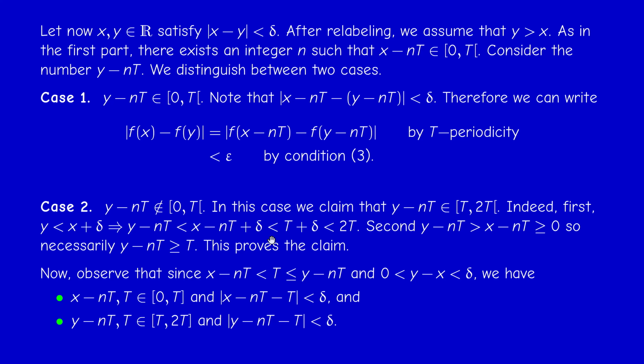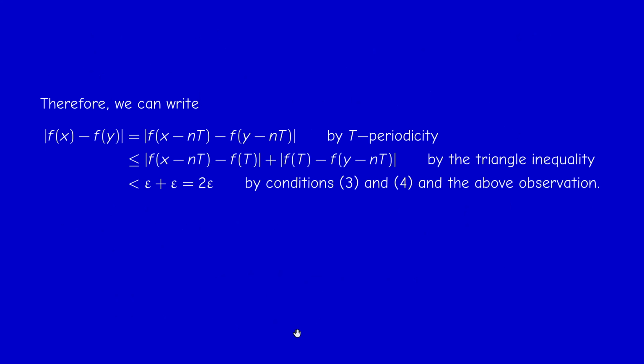If the length of this interval is less than delta, then the difference between these two numbers is also less than delta. And similarly for the other two, just plot x minus nt, t, y minus nt. So the distance between x minus nt and t is less than delta, and similarly for y minus nt and t. And now we just have to put everything together.